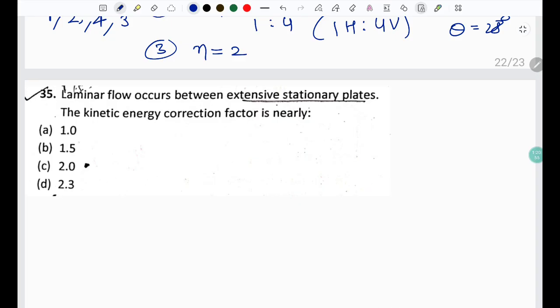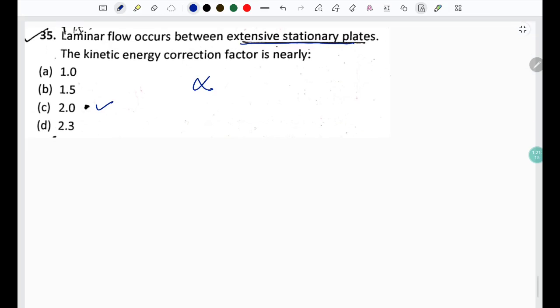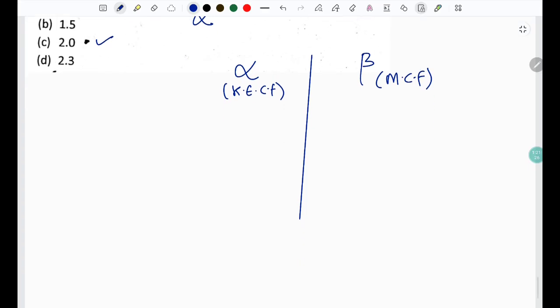Here we have another question on the basis of alpha, that is the kinetic energy correction factor. But since the question has asked for extensive stationary plates, I simply relied on my memory and I ticked 2.0, but that is not for the extensive stationary plates. You see, this is alpha and this is beta. This is our kinetic energy correction factor, and this is the momentum correction factor, and these values are different for the different cases.